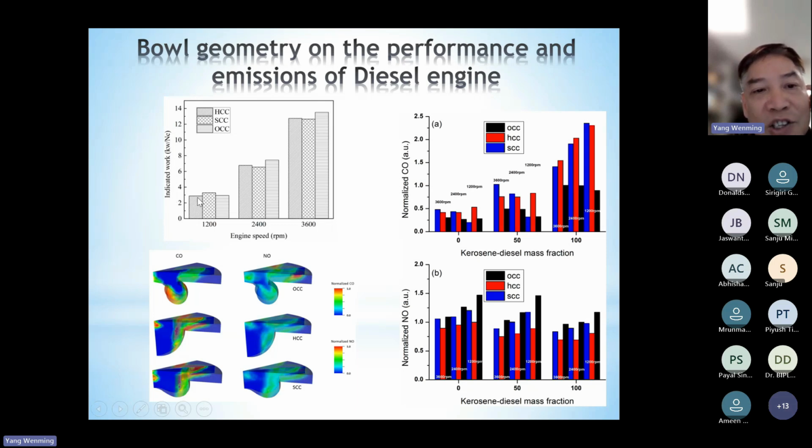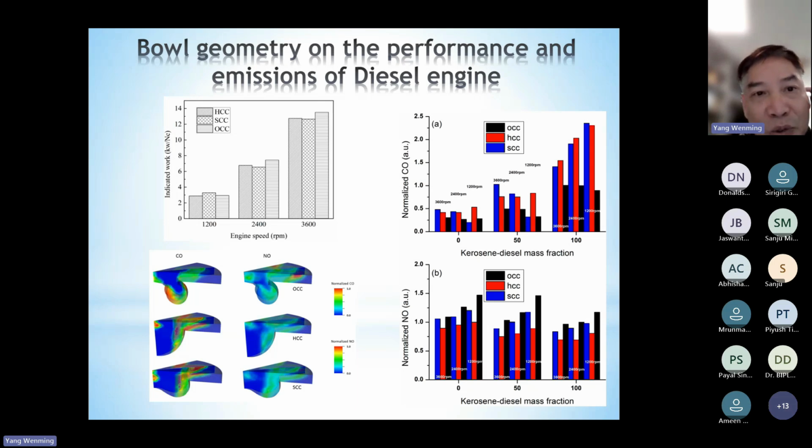At lower engine speed conditions, you can see the power produced by these three designs is quite similar, and the SCC produces slightly higher power. At medium speed conditions, you can see the Omega design produces more power. At higher engine speed conditions, the Omega design also produces the most power, right?